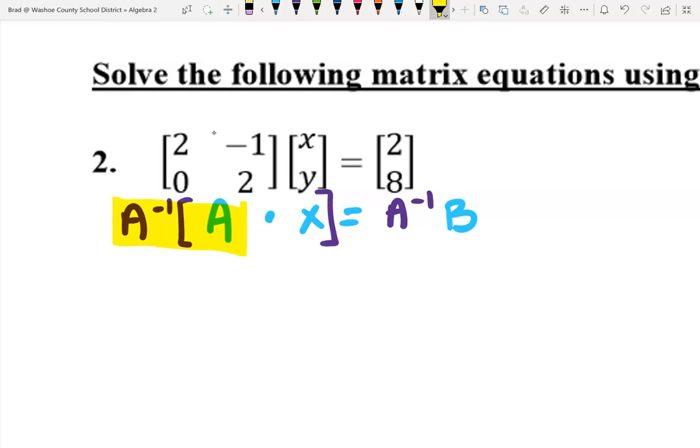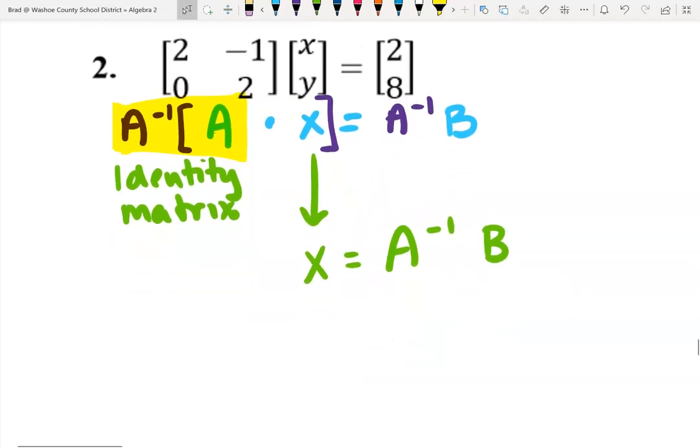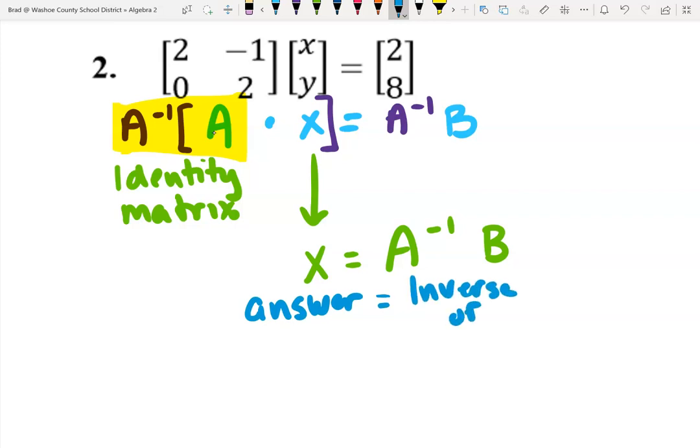Then this part becomes the identity matrix, which is just a fancy way of saying it cancels out. So all I'm going to have is X is equal to A^-1 times B. To find your answer, X, you take the inverse of A, which is why we did the inverse, and then multiply that times matrix B.